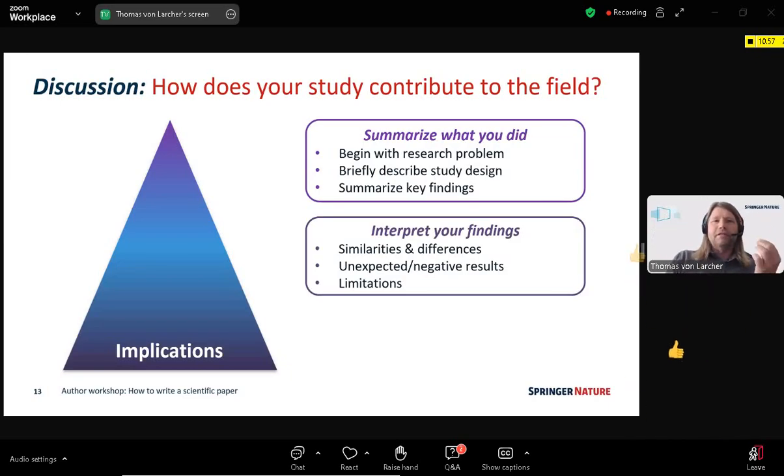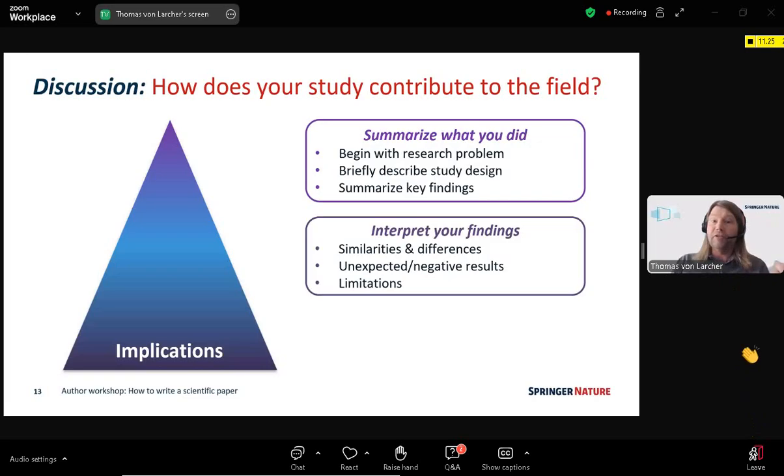Also, please describe any limitations very carefully. It is very important to mention limitations of your study or limitations that you were faced with during your study. And what you should also keep in mind is you should also present negative results or unexpected results.